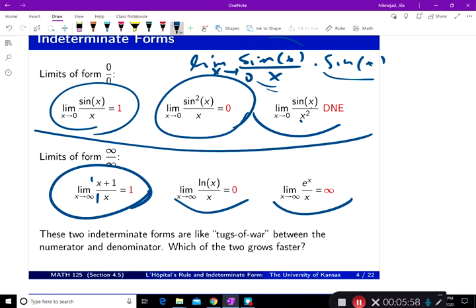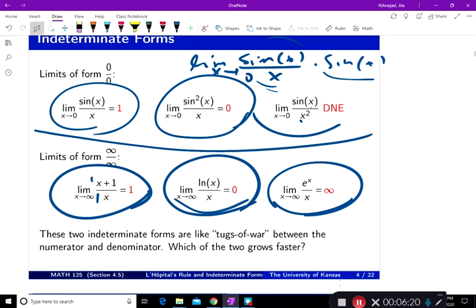When you solve the limits, then you know which one's growing faster or slower, or you find the value of the limit. For example, for these two, we need the L'Hopital rule to figure out which one grows faster and which one grows slower.